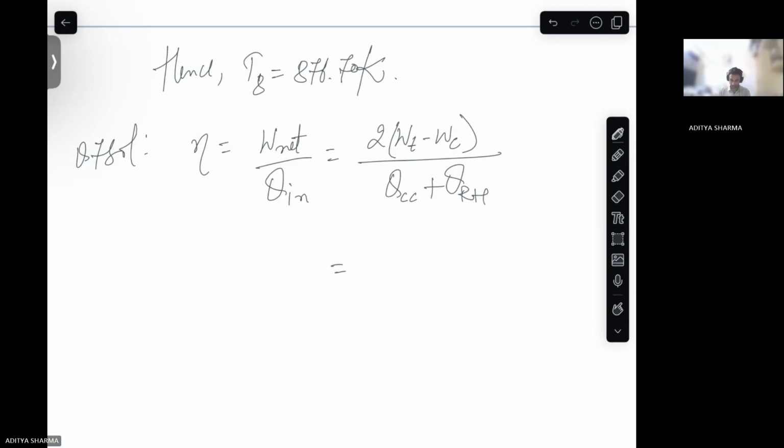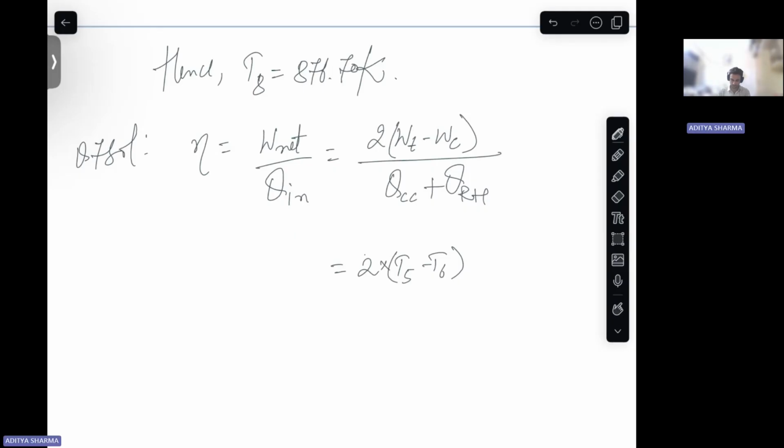Okay. So 2 into (T5 minus T6) is for your turbines, I hope this is clear.